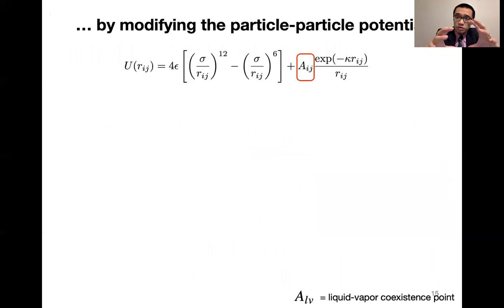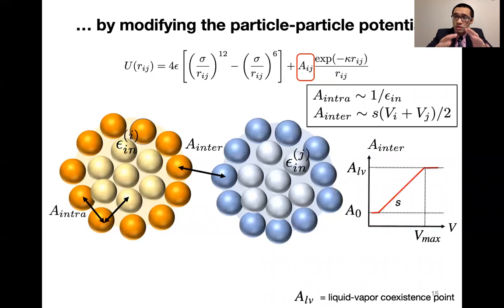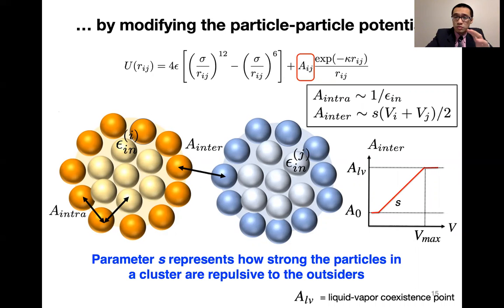So to capture those effects, I modified Aij as a function of where the particles reside: either they are in the same cluster, A intra, or they come from different clusters, captured by A inter. In my model, I use a single scalar parameter S to capture how strongly particles from different clusters repel or interact with each other as a function of the size of those clusters.